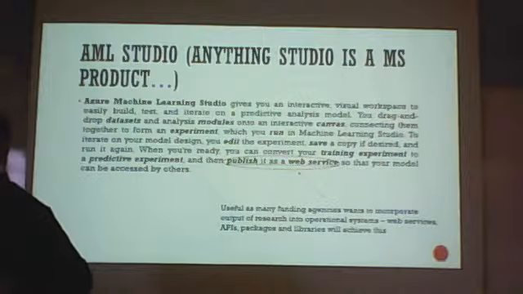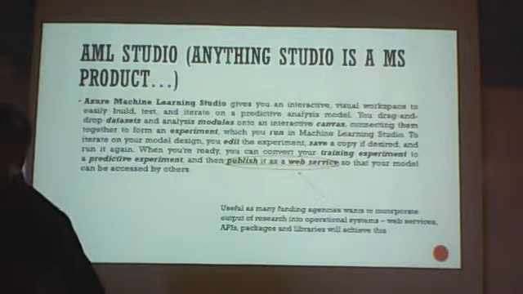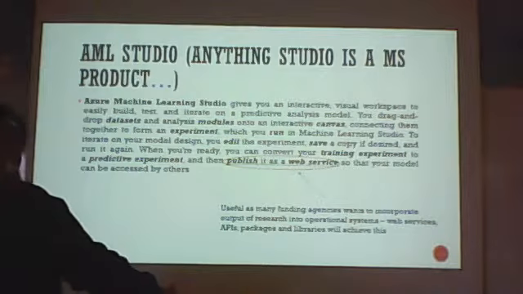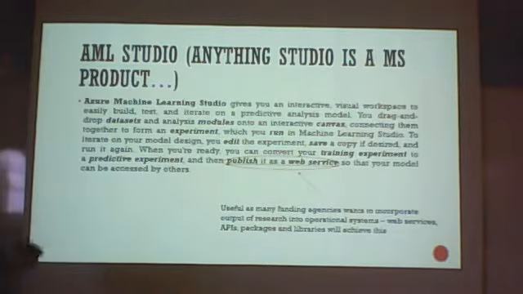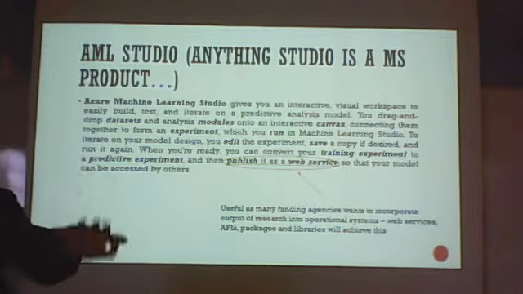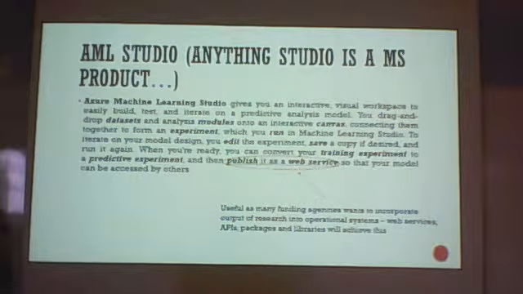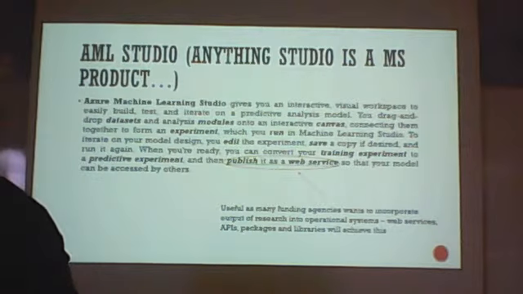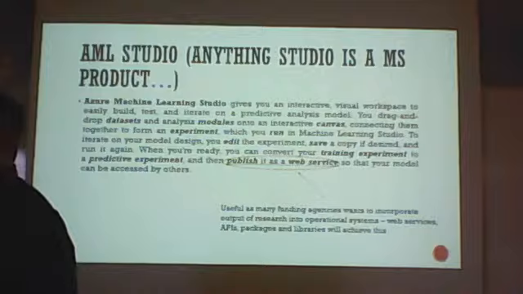This is like the middle point, the staging point between your actual experiment and it going live, in a sense. And then finally, it should really end here. You publish it as a web service, right? So you close the loop. You perform the experiment, get it to work, do your scoring, and are happy with the results. Then you publish it as a web service, and then you can integrate that into your own solution, right?